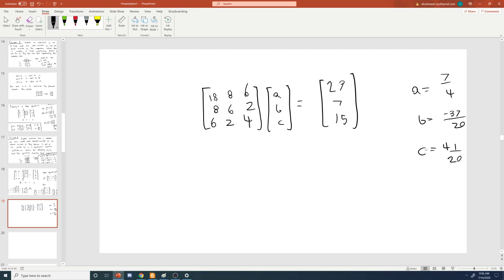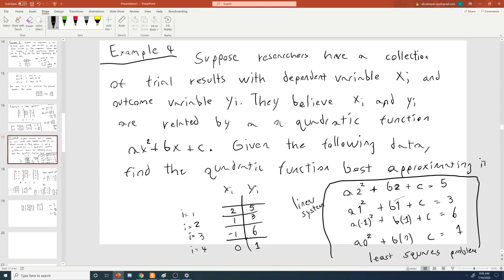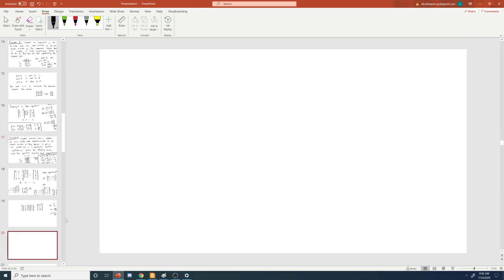And this gives me the quadratic equation that best fits the data. So let me wrap up what I have to say on least squares by casting this in an appropriate generality.